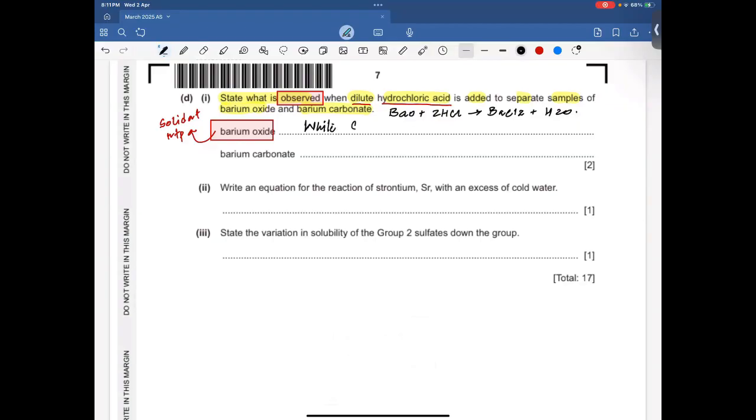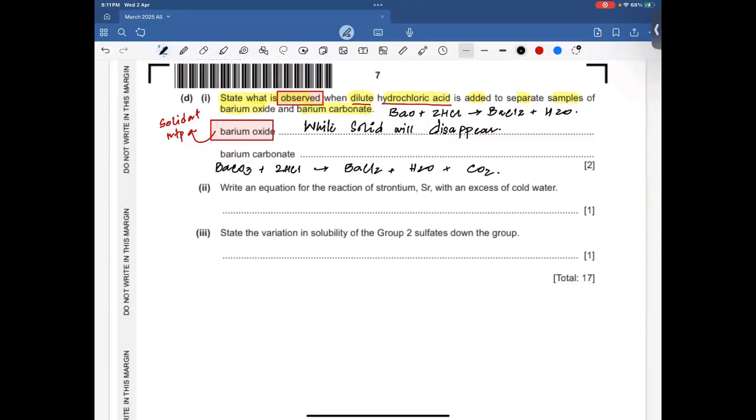White solid will disappear. All right. Now, barium carbonate is BaCO3. When you add hydrochloric acid to it, a reaction takes place, and obviously you will get barium chloride, which is a soluble salt. It will give you an aqueous solution, water, again a colorless solution, and carbon dioxide.